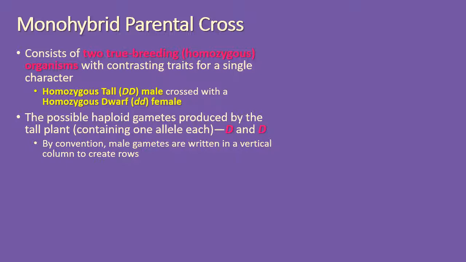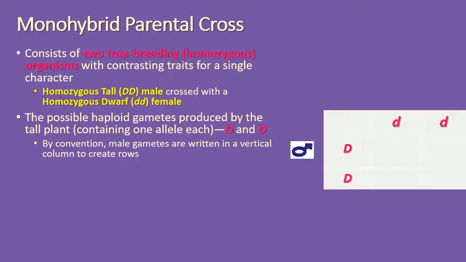And the second thing when it comes to a Punnett square is you have to know what the gametes are. When you've only got one character that you're looking at, that's pretty easy. We know that there's only two possible gametes produced by each parent, two capital D gametes for one parent and two lowercase d gametes for the other.